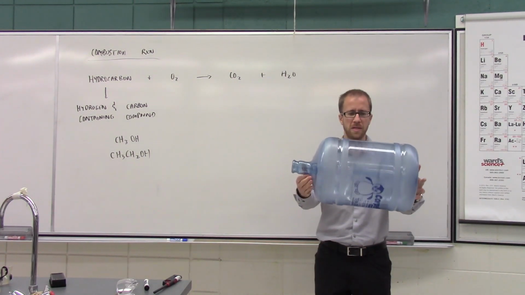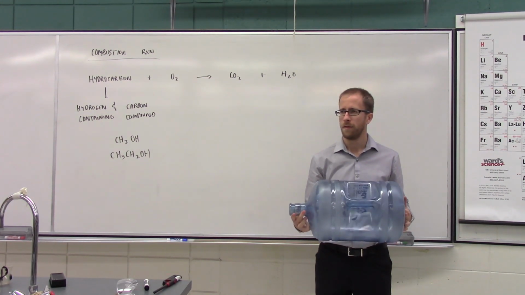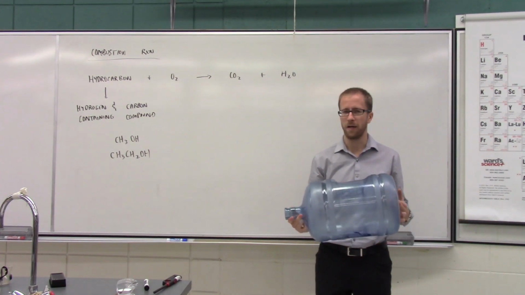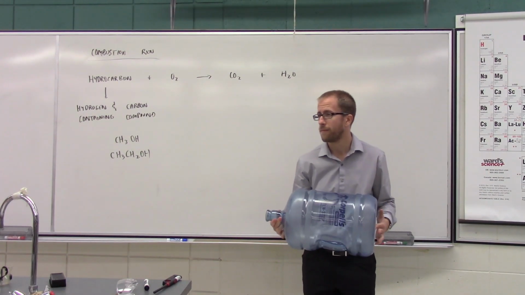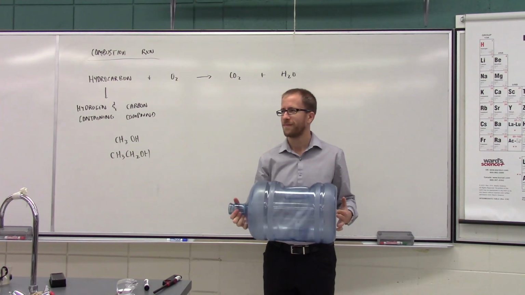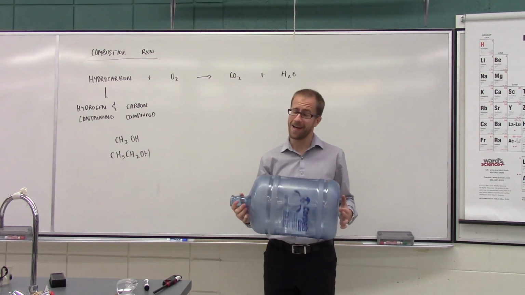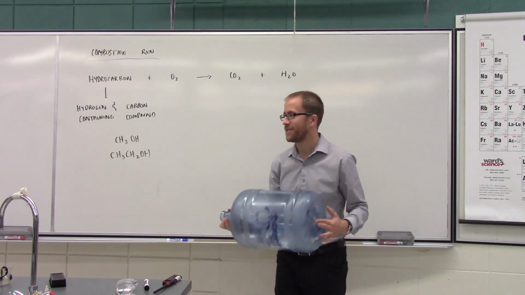Does anybody know, can you die from ethanol poisoning? If you drink too much vodka, could you die from doing that? No one knows? Okay, fair enough. Yes, the answer is yes.